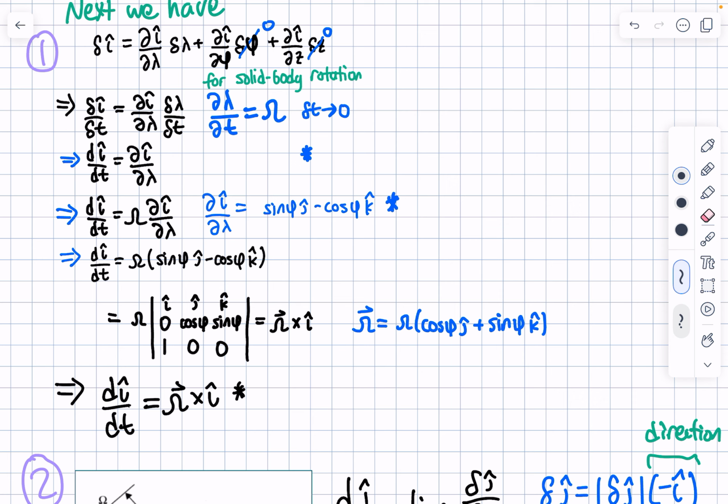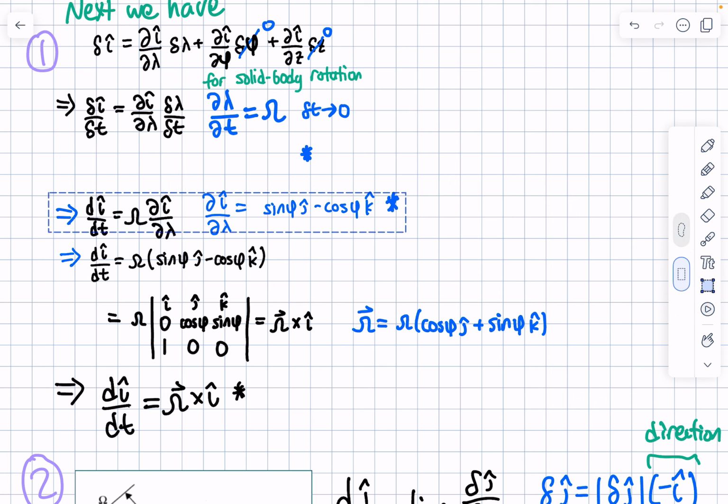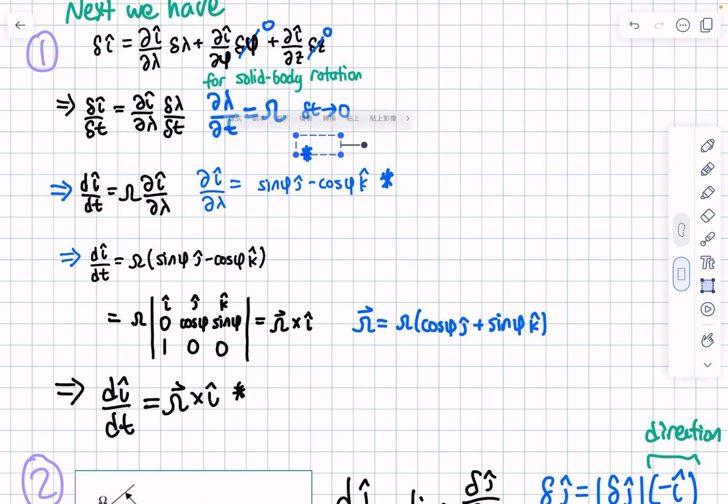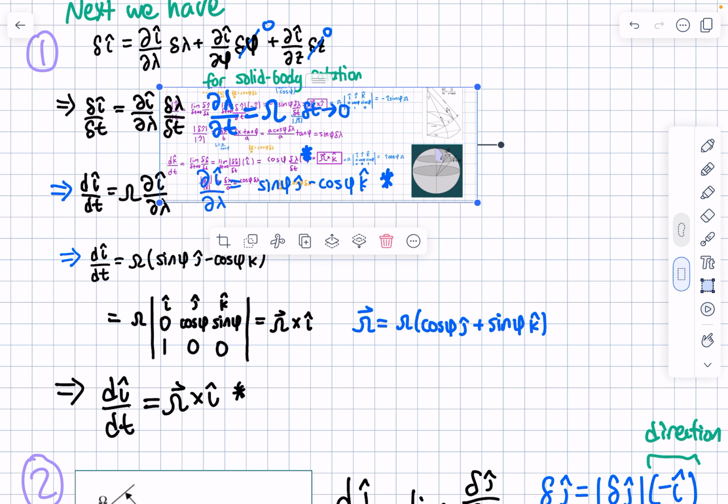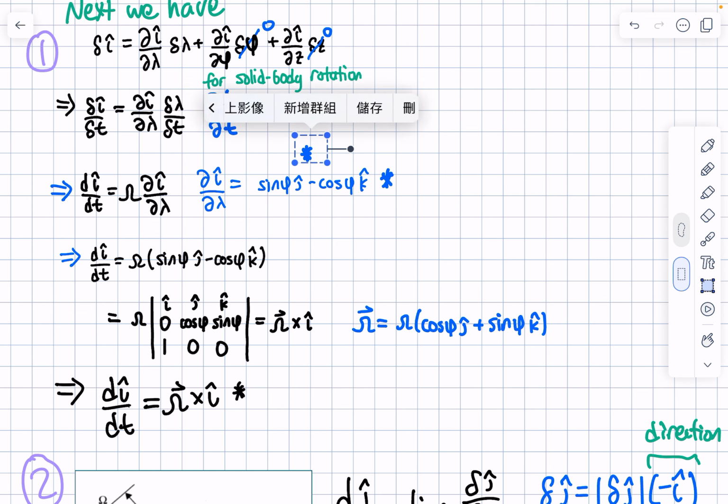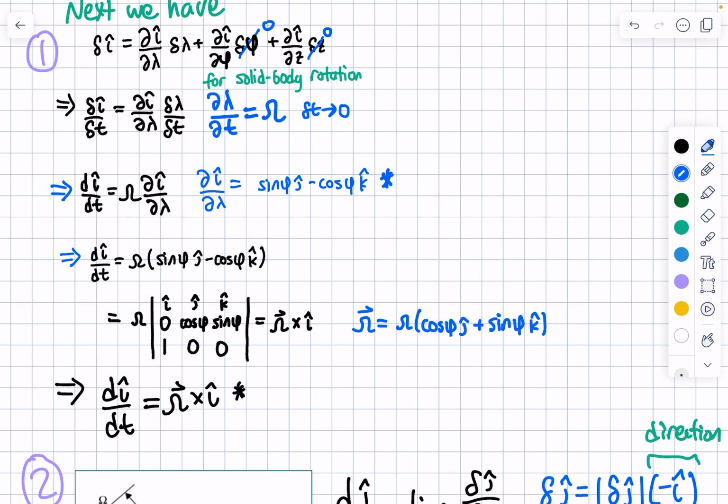So this will lead us to the step here. Let me see. Yeah, this was one that I'd started earlier. And we also made this change.